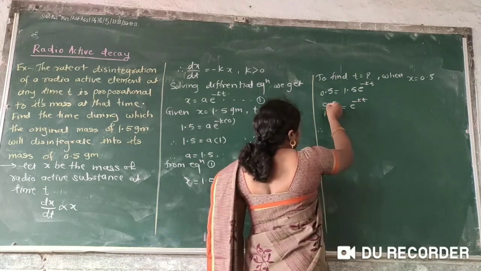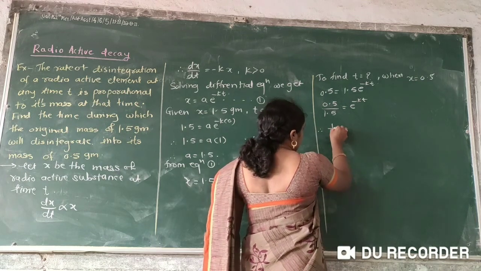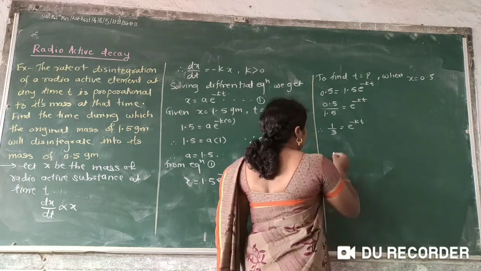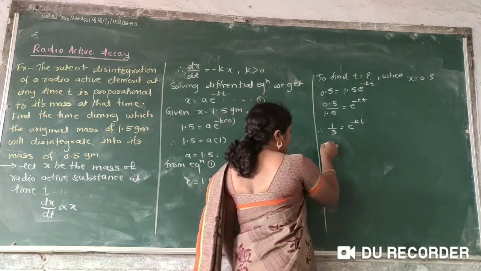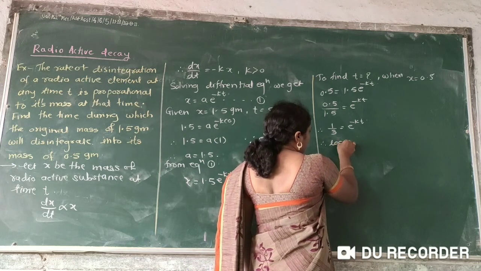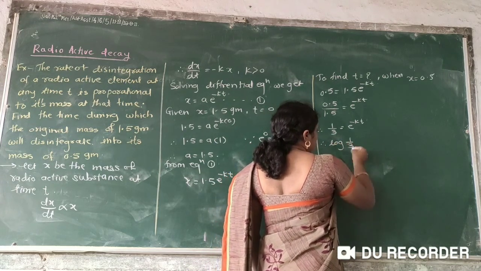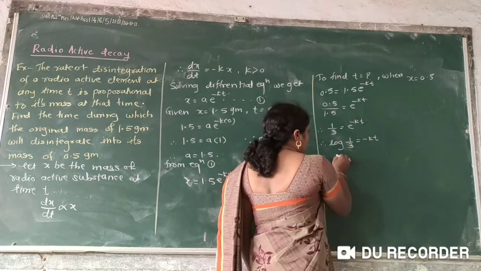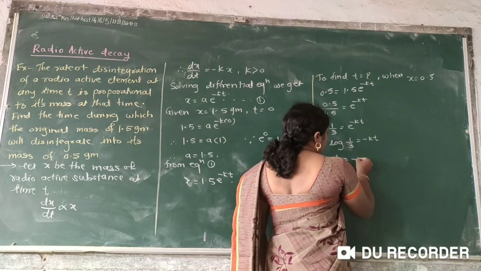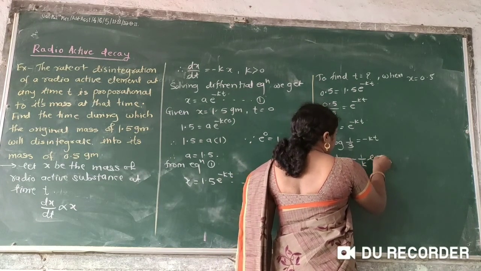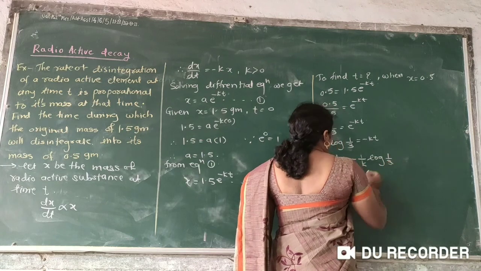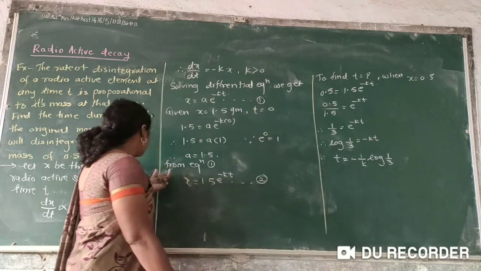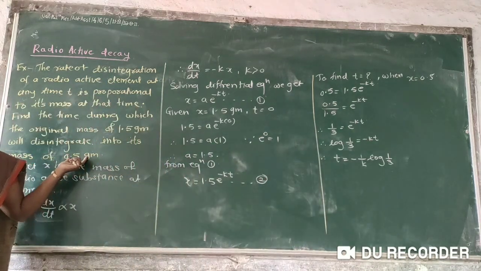Therefore, we get 0.5 upon 1.5, which is 1 by 3, is equal to e raised to minus kt. Simplifying this, we get log of 1 upon 3 is equal to minus k into t. t is equal to minus 1 upon k into log of 1 by 3. This is the time required for the mass of the substance to be 0.5.